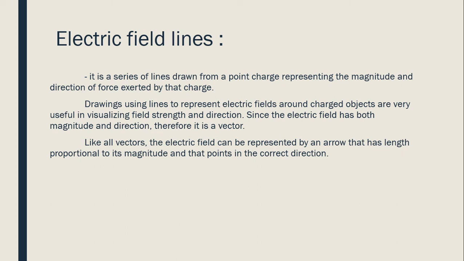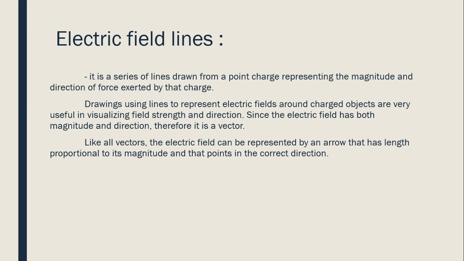Electric field lines. Now, what are electric field lines? It is a series of lines drawn from a point charge representing the magnitude and direction of force exerted by the charge. Since we're talking here about magnitude, and direction comes with it, that means the electric field is a vector quantity.